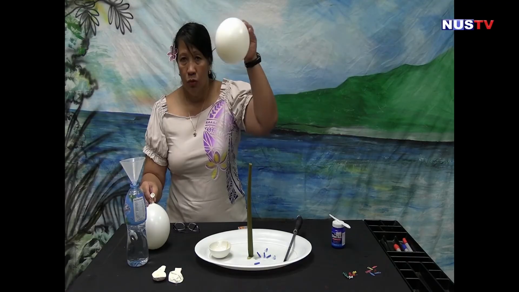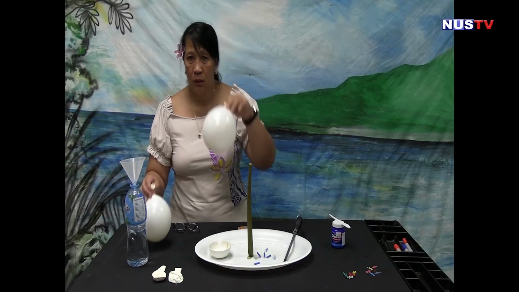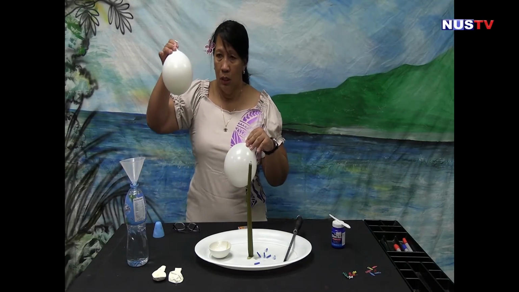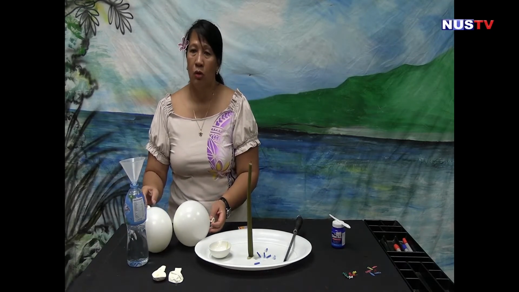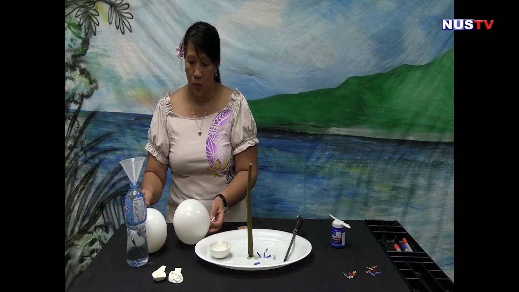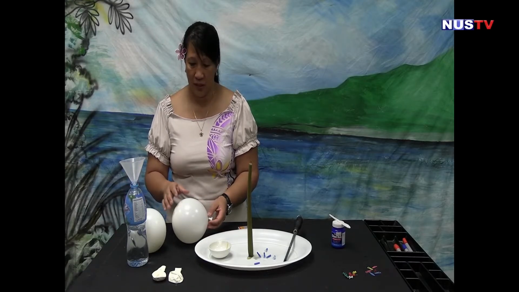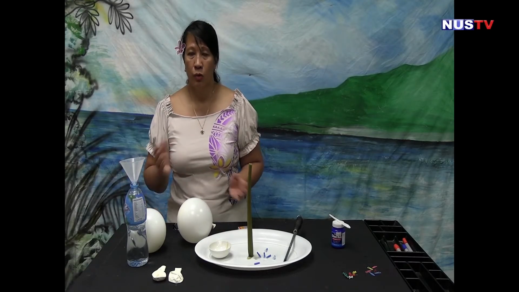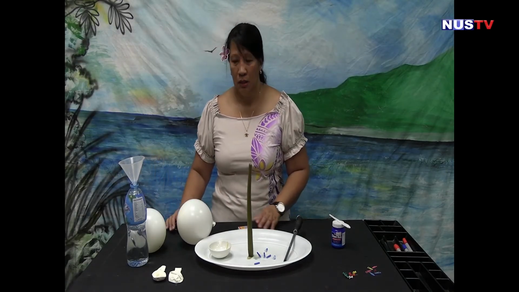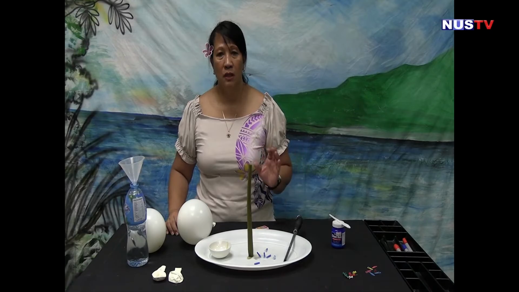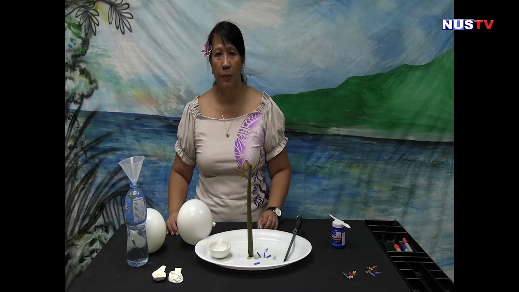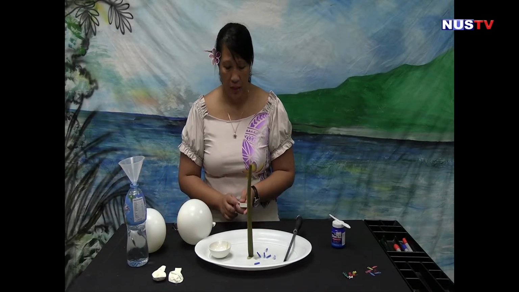So one balloon is without water, the other balloon has water. What are we going to do? We're going to see which balloon pops faster. We will ask the question later on to find out what this activity is all about. Remember, the title of this activity is heat capacity of water.